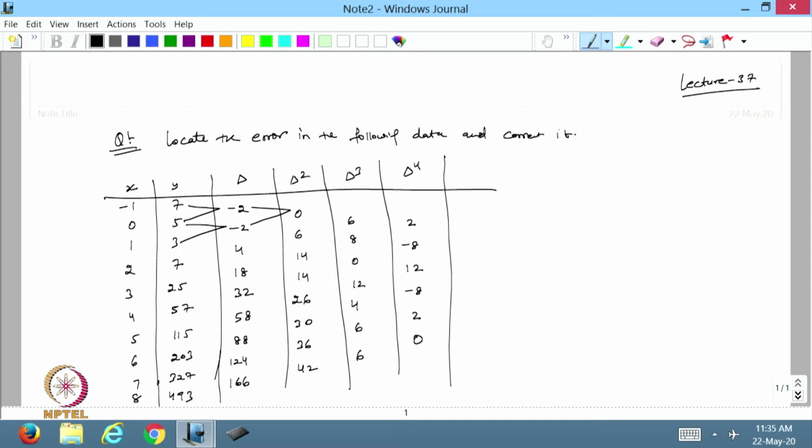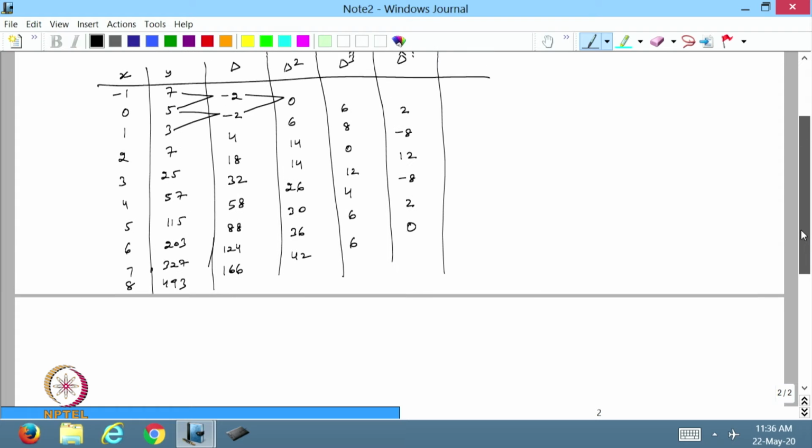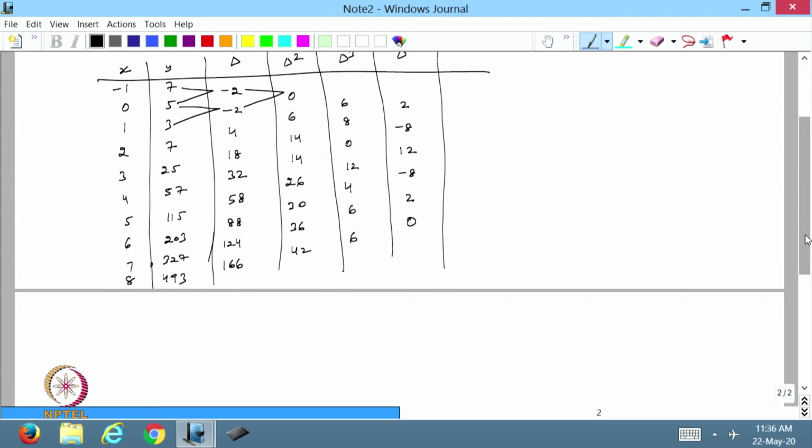Now, from here we can see that the pattern looks like the binomial pattern. So, I will stop here and see what happens in this case. I am getting the errors.